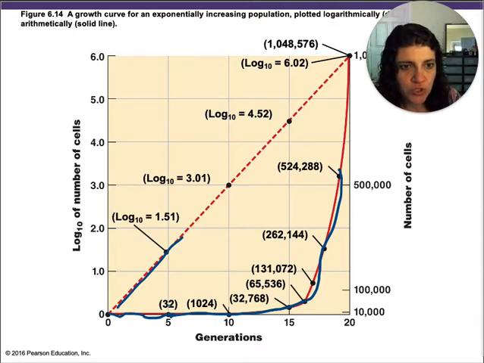So now it's more comparable. The growth is constant between the 1st and the 5th generation, and between the 10th and the 15th generation. It's a constant growth, and you can see that because you put it in a log scale. Okay?